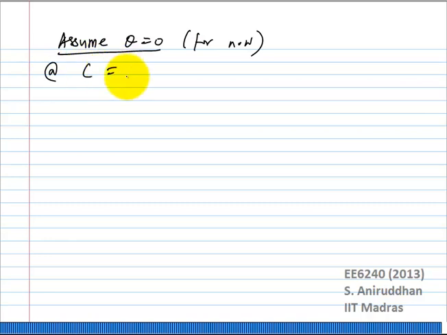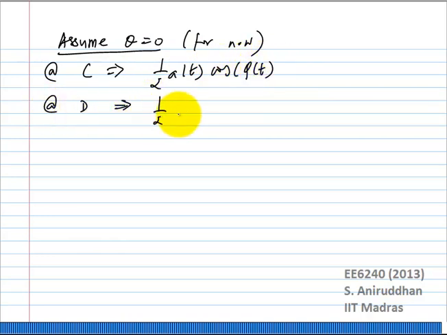So at C, you will have half A of t cos phi of t, and at D you will have minus half A of t sine phi of t. Is that right?